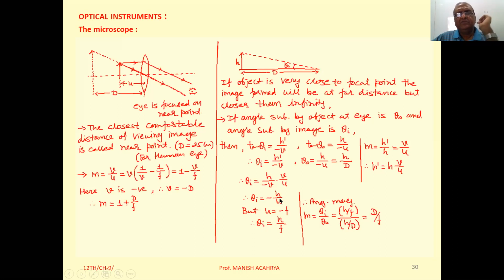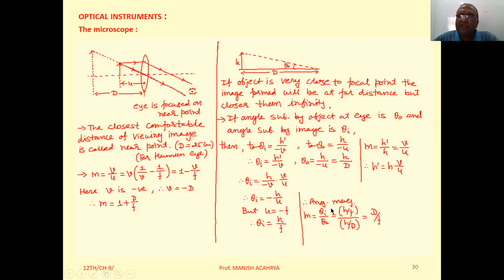Okay, so if we take u equal to minus f, then we can write theta I that is equal to h by f. Now magnification is given by the ratio of angle subtended by image at the eye to angle subtended by object at the eye.